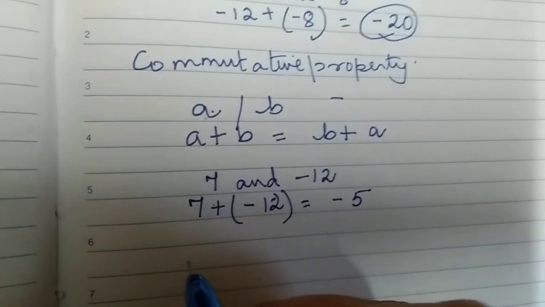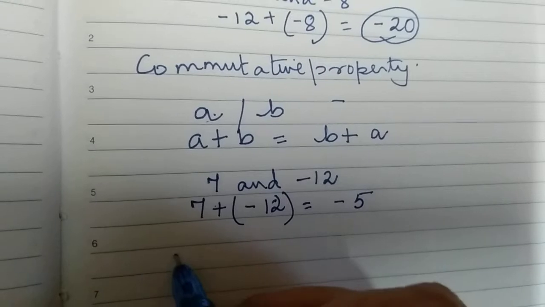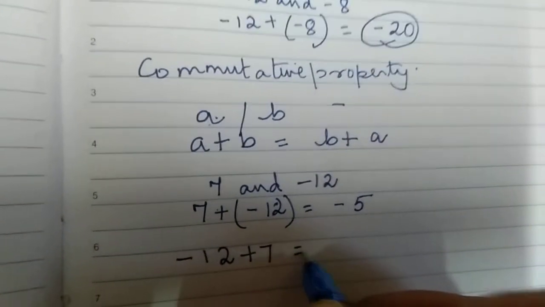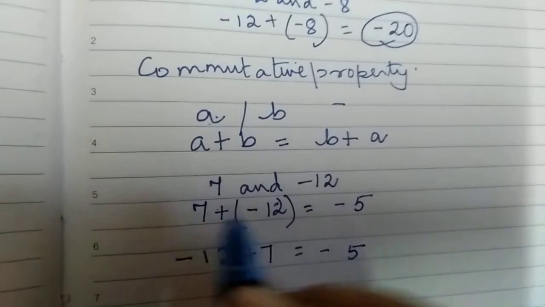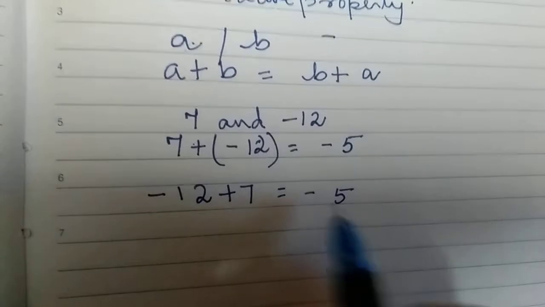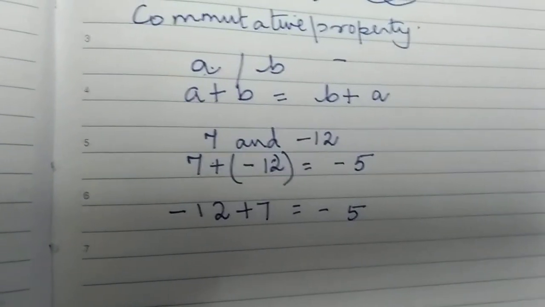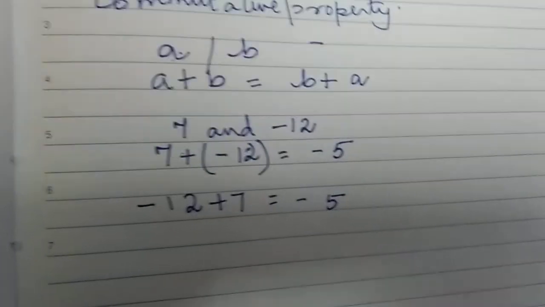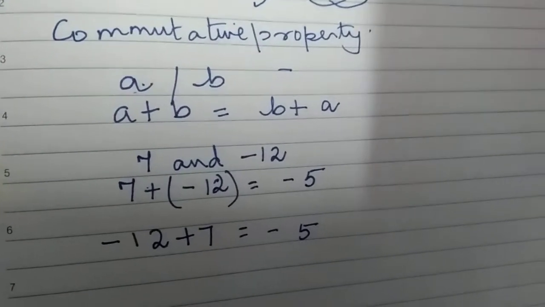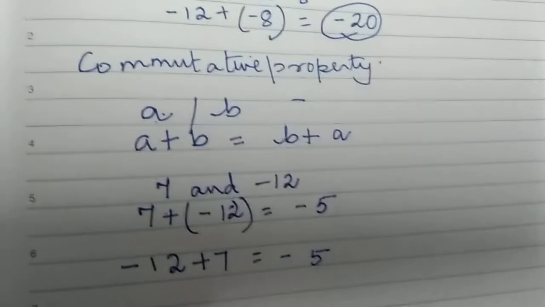And if we take the reverse, if we write minus 12 first plus 7, that will also be minus 5. So 7 plus minus 12 will be equal to minus 12 plus 7. This is the commutative property which holds good for addition. This is the second property of addition.